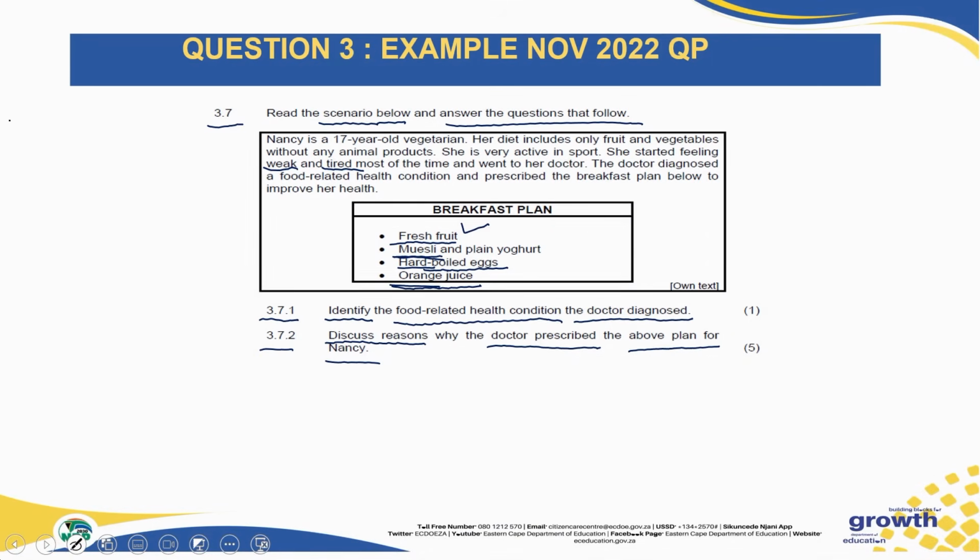Therefore, the menu or the breakfast plan is perfect for Nancy's condition because it is going to improve the iron in her body. So when you evaluate, grade 12s, always remember that you go food item by food item and deduce the main nutrient and the benefits of that particular nutrient for each and every condition that you'll be evaluating.